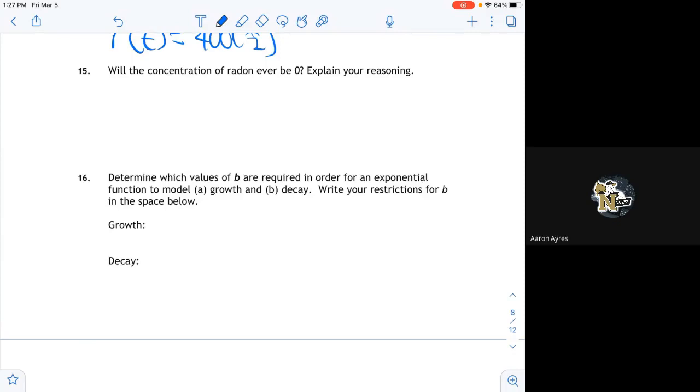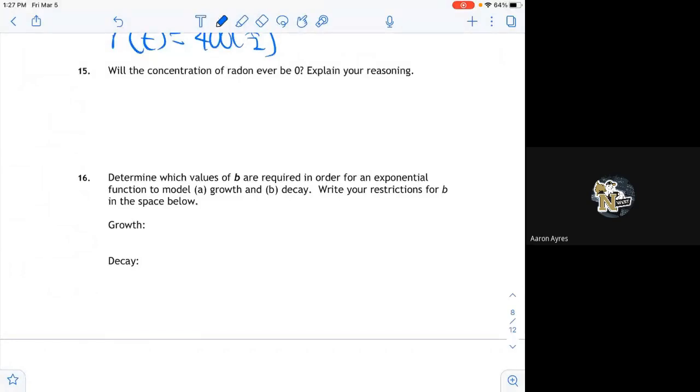The growth and decay ratios that we use for these two problems are simple in the fact that we can use those easily to get what we need. However, what if instead of this radon value decaying by 1/2 every half-life, it decayed by 30%? How would that change your function?